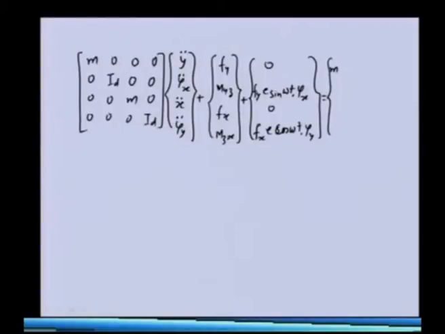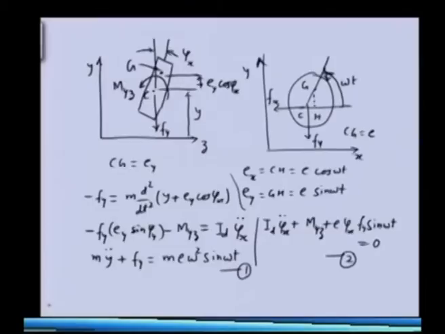m omega square e sin omega t, there was no moment, then m omega square e cos omega t, and there was no moment. This is the equation of motion. I have written those four equations of motion. So if we again see, this is the first equation.